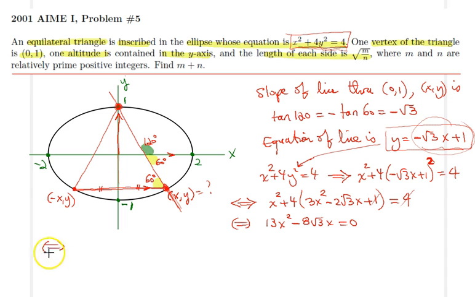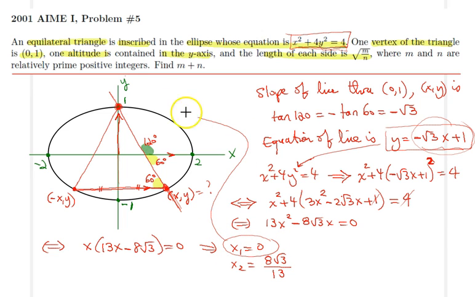So that can be equivalently written as x times (13x minus 8√3) equals 0. From here, I can find two roots. The first root is 0, and the second root is 8√3 over 13. Obviously, the root 0 is associated with this point here, and the second is this one.